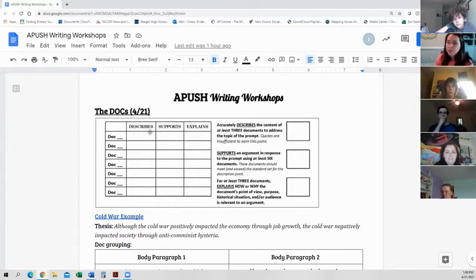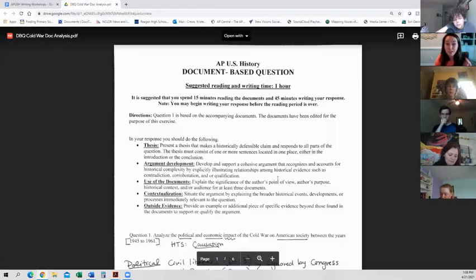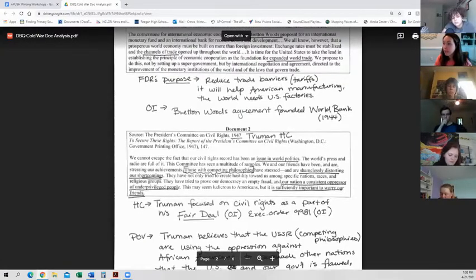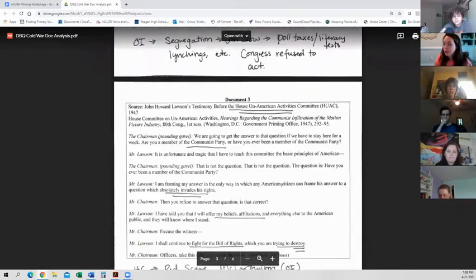So the describes point is pretty simple. This is a gimme point for kids. There are some kids around the country that have taken this class, and the only thing they are going to be able to do is look at the DBQ, look at the documents, and describe the document, right?